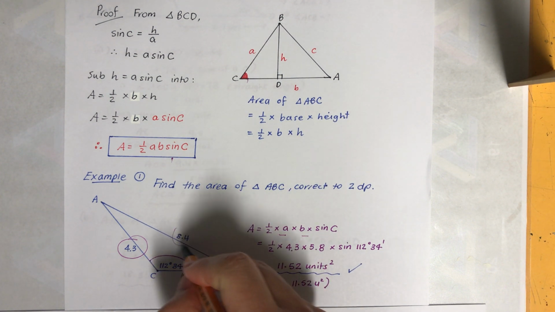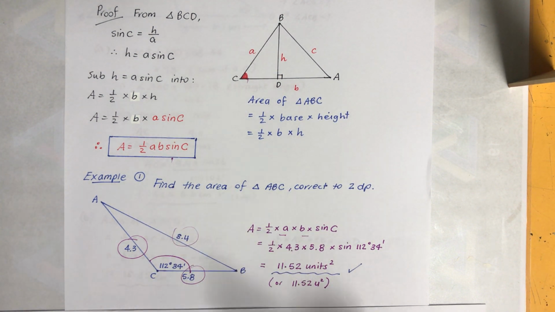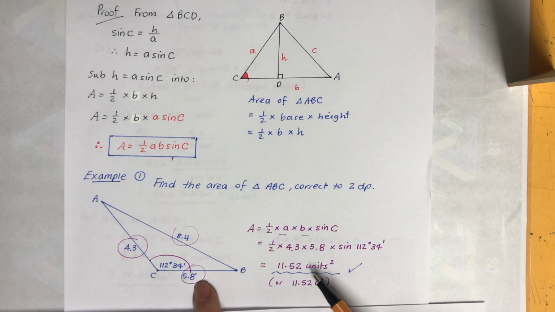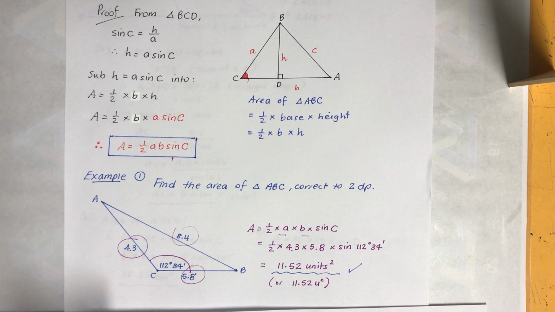This is actually just to distract you. All your information should be linked together, all three of them. So half times 4.3 times 5.8 times sine 112 degrees and 34 degrees, and you will get that. Now, because it didn't give us measurements, you might just use units squared because it's area, or u squared.